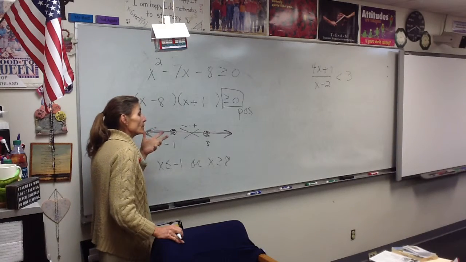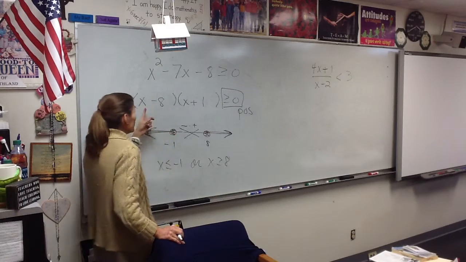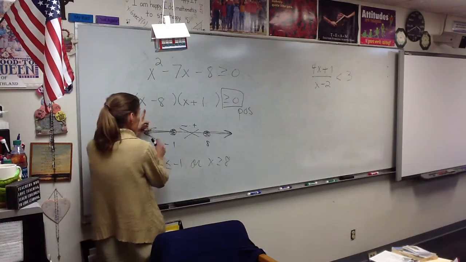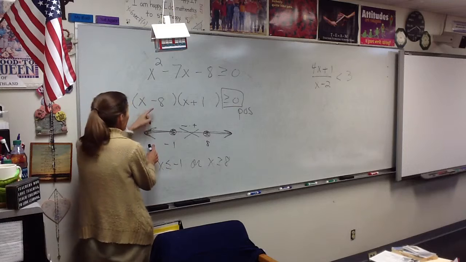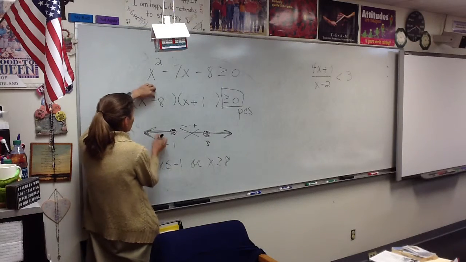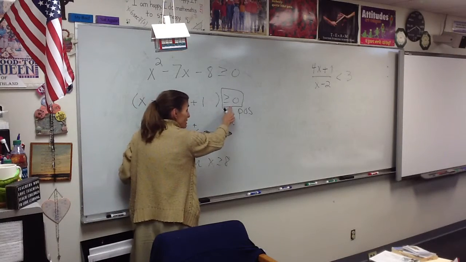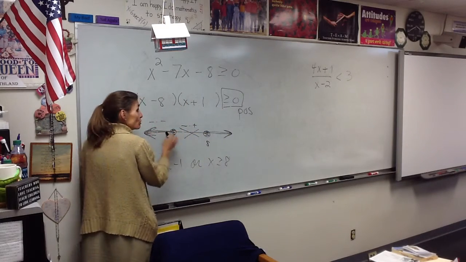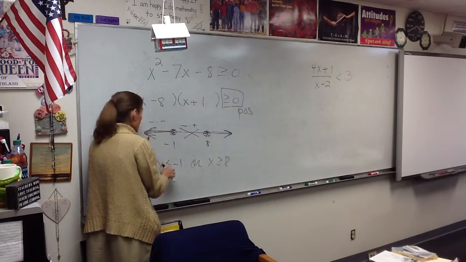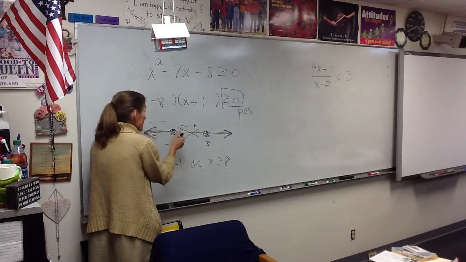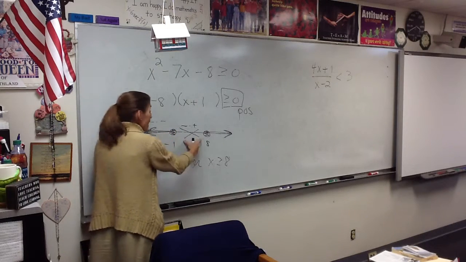Like if you plug like -2. Okay, if I plugged in -2, now -2 would be out here in this spot. If I put -2 in, that would give me a negative times a negative. That is a positive. So the -2 space works. I already knew that. -2 is out here in this space, not in this space.